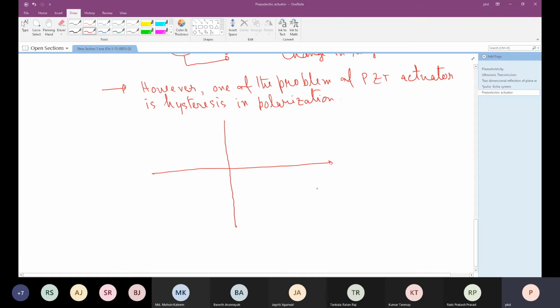Say we apply an electric field. So we are applying a high electric field, 50 kilovolt per centimeter. Usually the thickness of the piezoelectric actuator is made small such that it can be operated at low voltages.